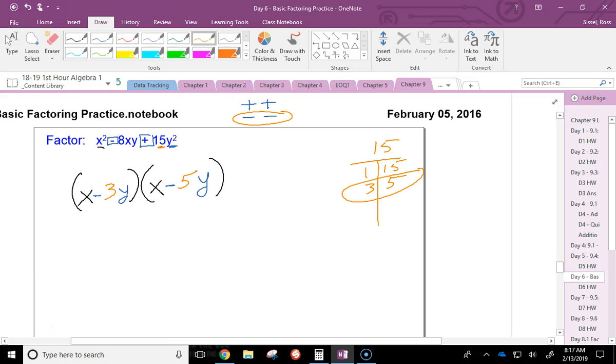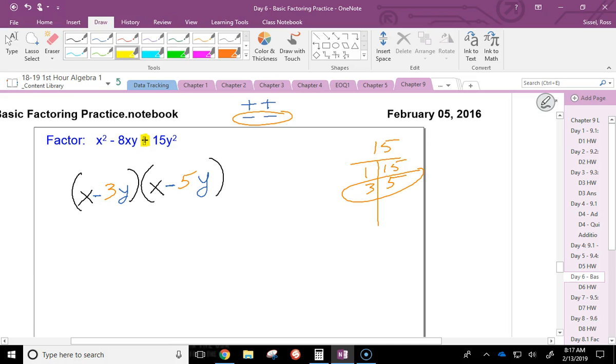Okay, honestly, if you do these steps every single time, this is fairly easy. Our A term is always going to be broken up because we're using just one term right now. Look at your C term. If it's positive, you're either going to multiply 2 positives or 2 negatives.